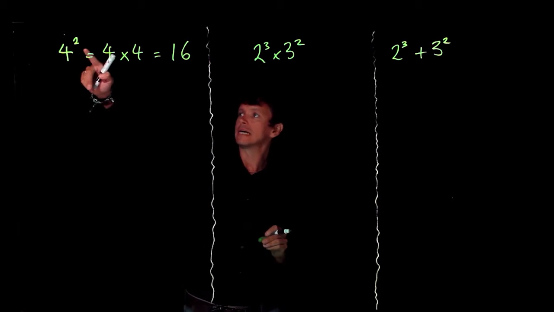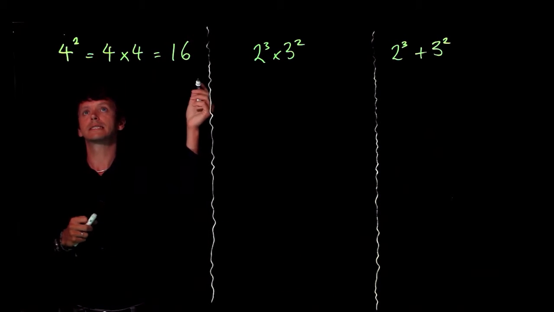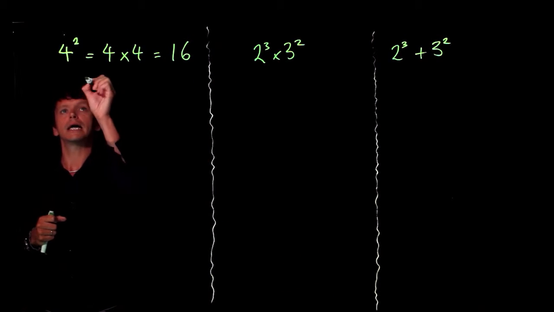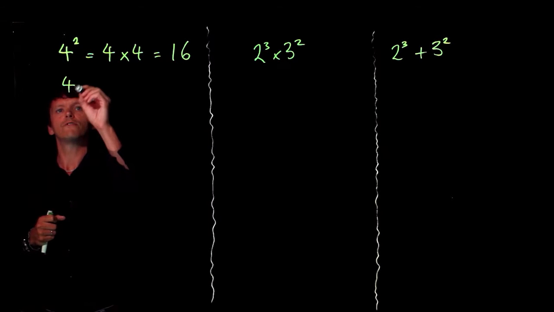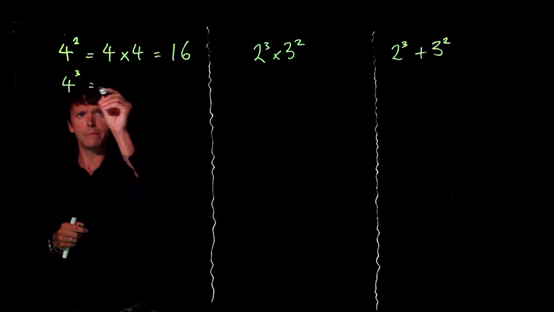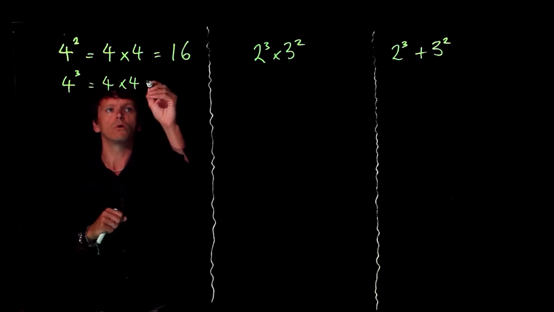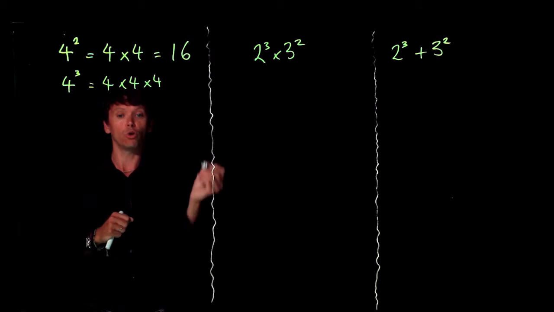Supposing, though, we were to now increase the power, if we were to look at, let's say, 4 to the power of 3. What does that mean? It means 4 times by 4 times by 4.